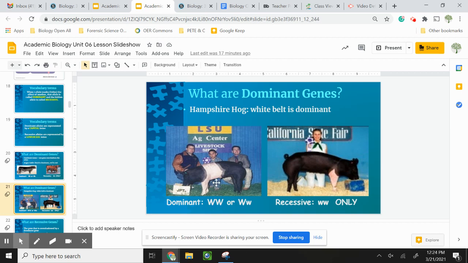He could also be big W, little w, or heterozygous dominant. So these are his genotypes, and having a white belt is his phenotype. The only way to have no white belt is to be little w, or homozygous recessive for your genotype, which would leave you with a recessive phenotype, no white belt.